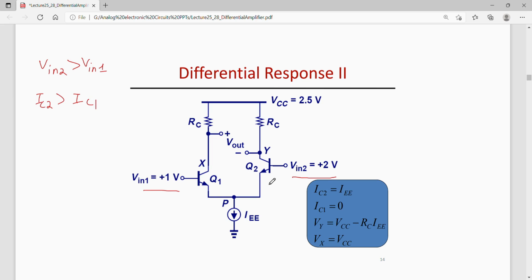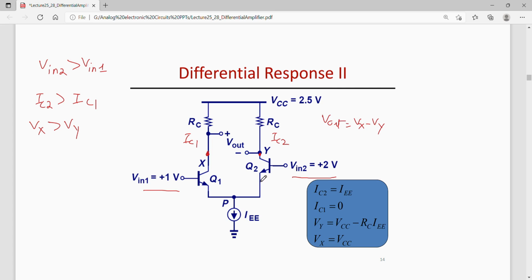And this would mean that Vx will be larger than Vy in this case. So one can take a differential output as Vx minus Vy here.